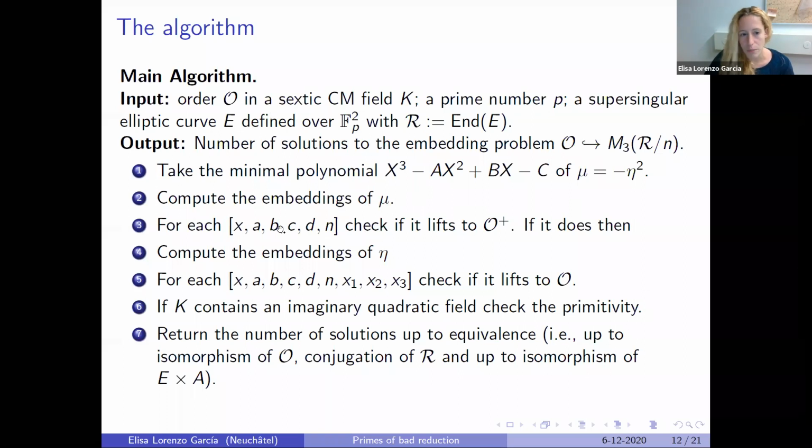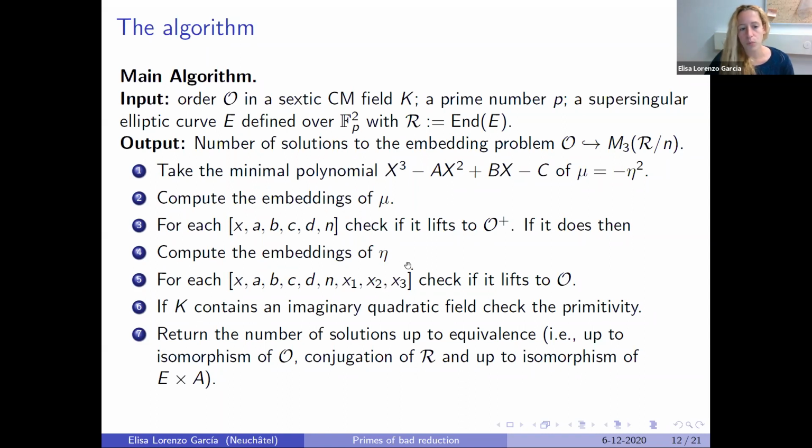Recall that it was a matrix that depends on all those parameters. We can do this with a loop: we try all X, all A, and compute all the relations that we had before. Then we compute the image for eta, which depends only on X1, X2, and X3. So we compute all the options and we add that.